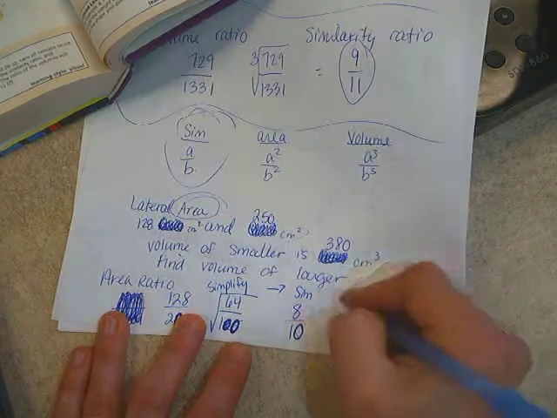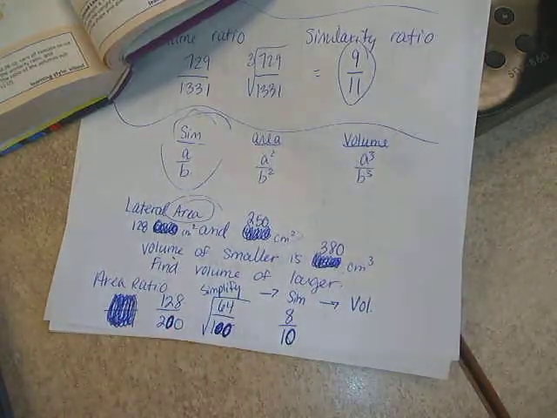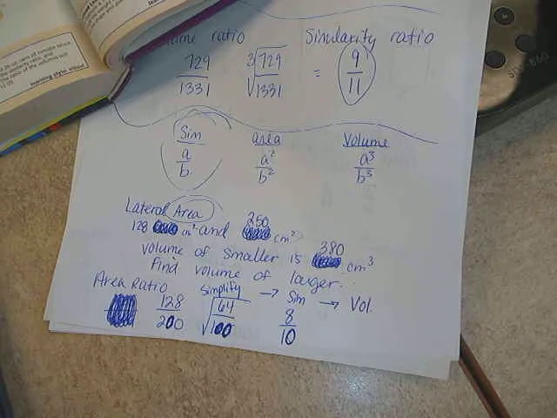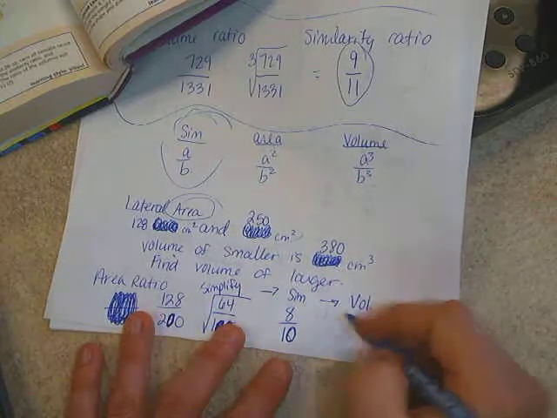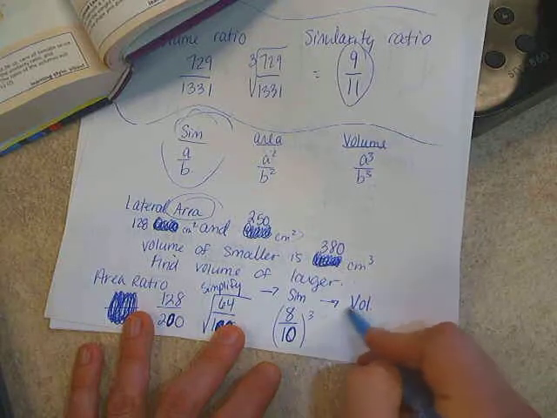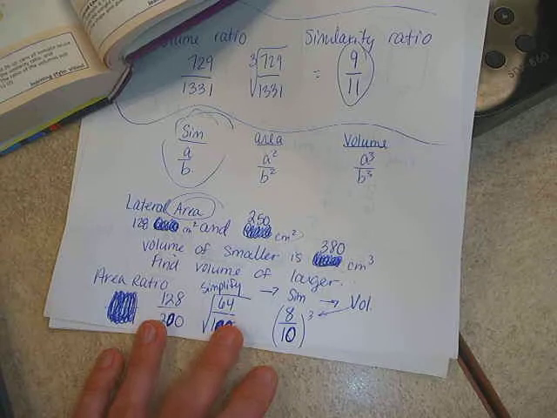Okay. So we simplified. Now you're going to take the square root to get to similarity. So the square root of 64 is 8. The square root of 100 is 10. Now we are going to volume. So what do I do to get to volume?